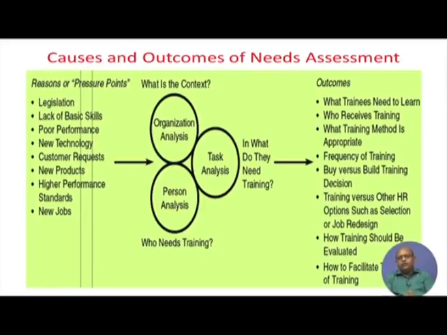So, all kinds of outcomes basically come out once you define the training needs of the people. So, you can see the antecedents and outcomes of this analysis, and the analysis part, where you assess to identify the training needs of the people, consists of 3 parts: organization, task and person. So, they need to be analyzed, right.